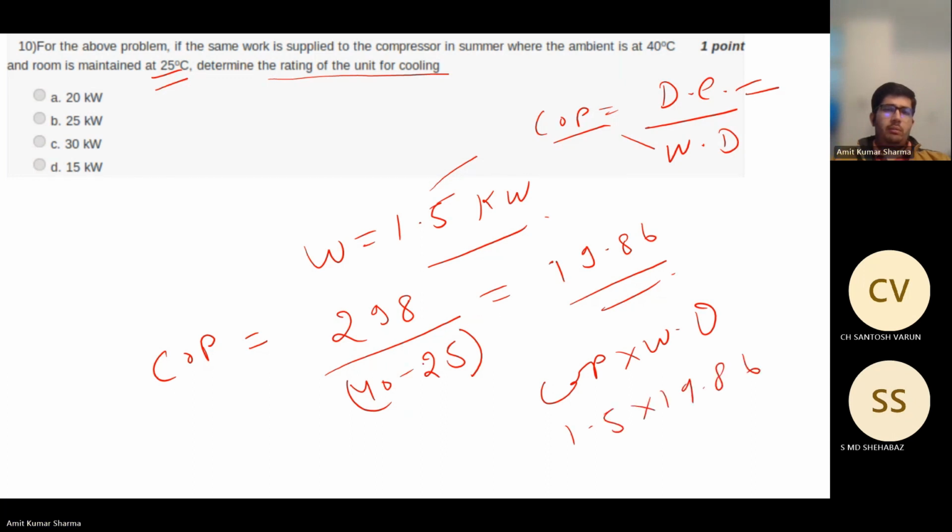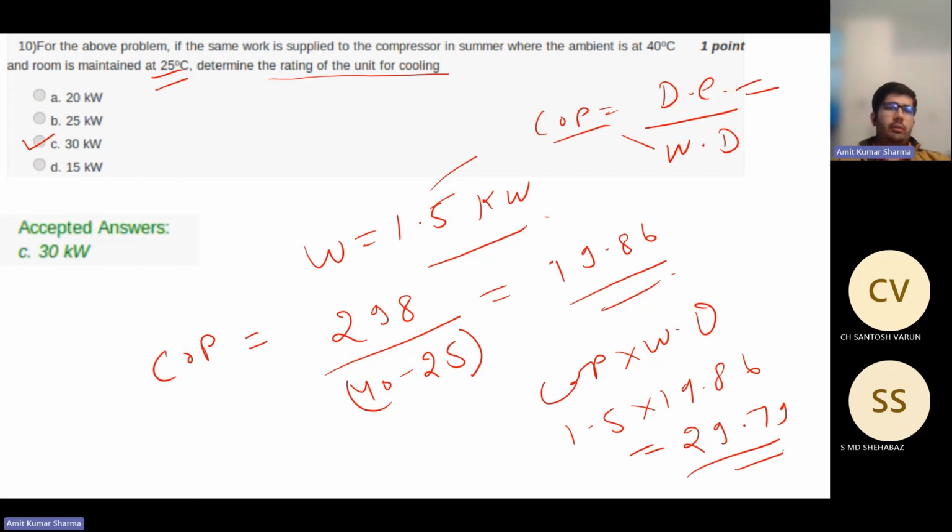How much? 30 kilowatts, sir. Let me know the exact answer: 1.5 and 19.86, 29.79. So check the options 20, 25, 30, 15. 30 kilowatt is the nearest possible option. So the correct answer will be option C, 30 kilowatt.